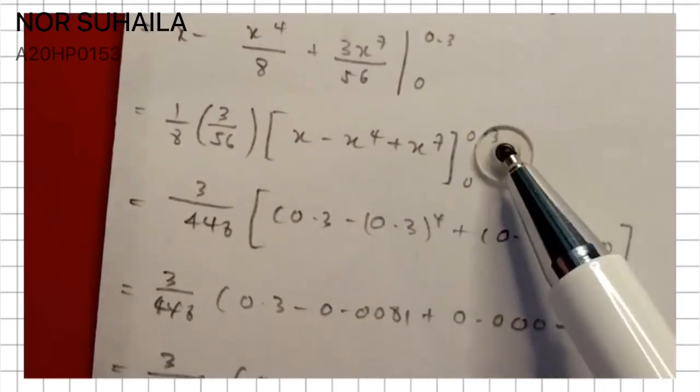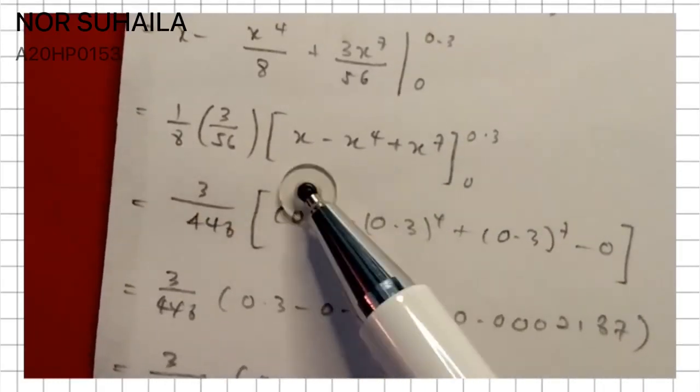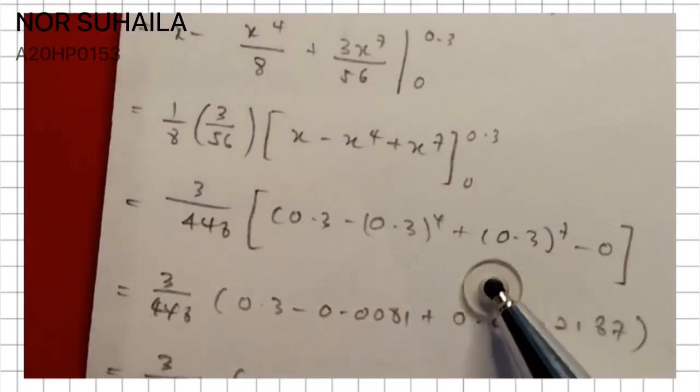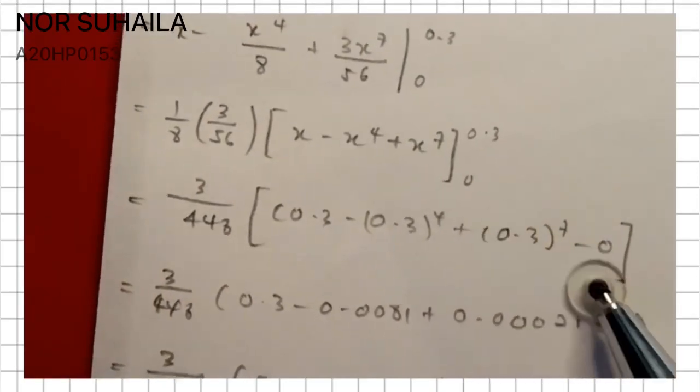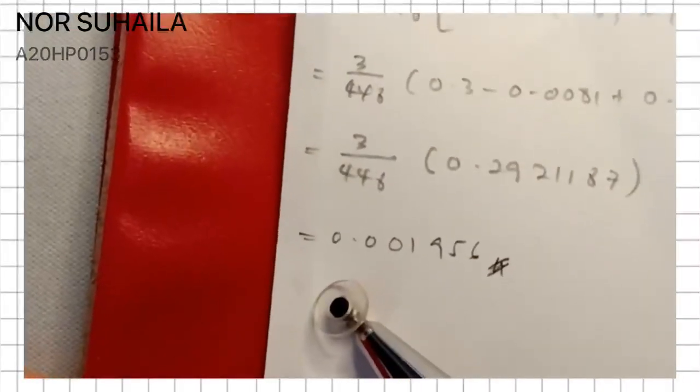Then we substitute x equal to 0.3 and subtract the value at 0. And the last result we get is 0.001956.